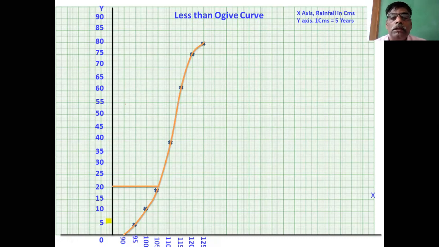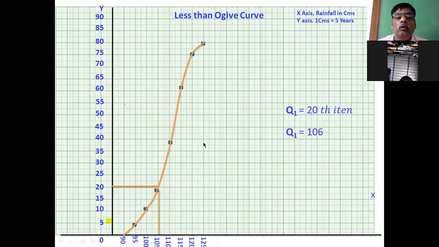Like this. Okay, it touches nearly at 105 or 6, in between 105 and 110. That means I consider this as 106. It touches the point at 106. Therefore, I write Q1, the 20th item, its answer is 106. Okay.